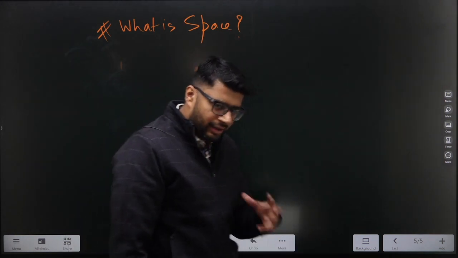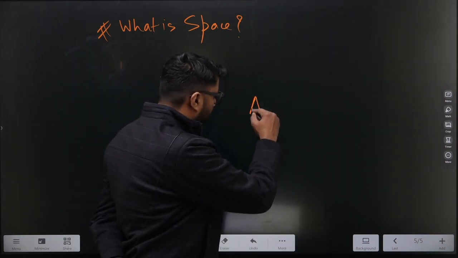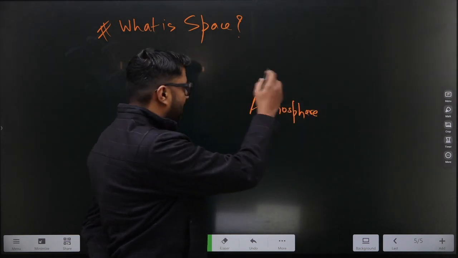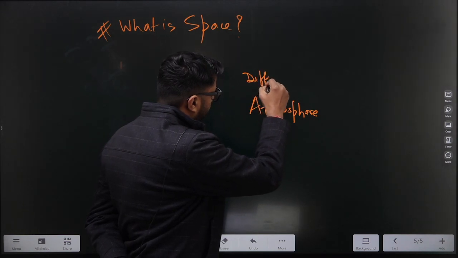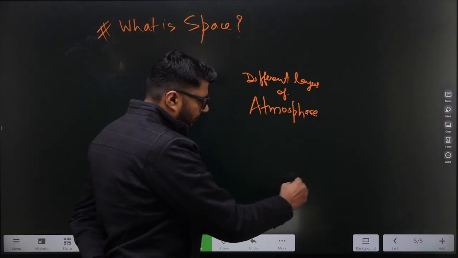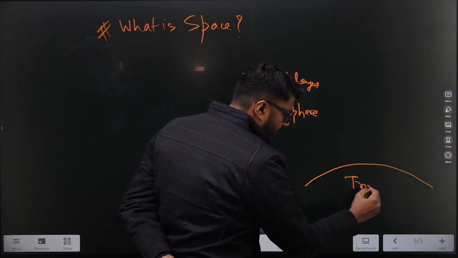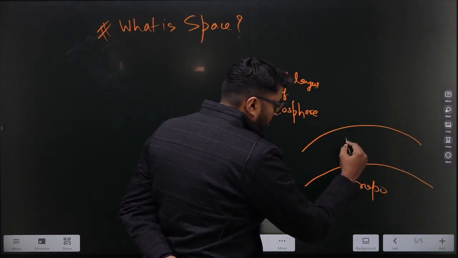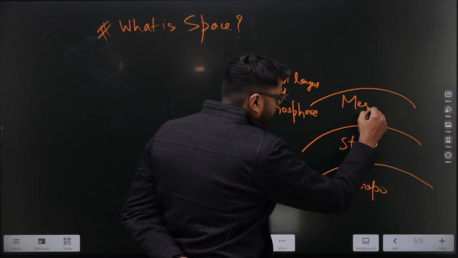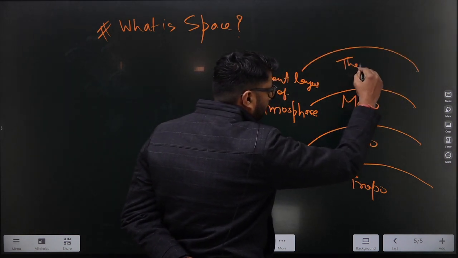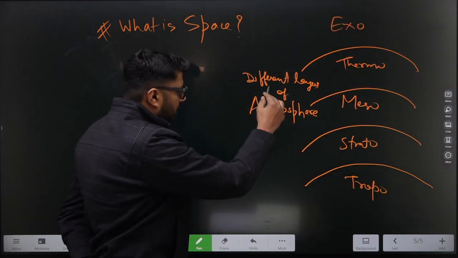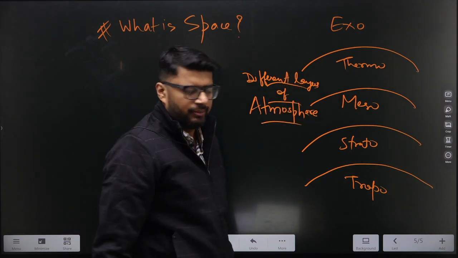We have to refer to these different layers of the atmosphere to understand space. These are basic geographical concepts.